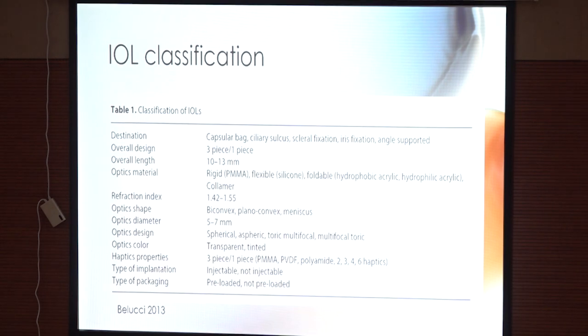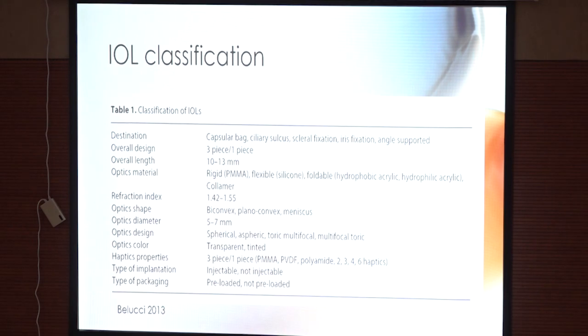Optic diameter is mostly 6 mm, and for optic design we mostly prefer the aspheric design. I'll discuss why. The optic color can be transparent or tinted with a yellow chromophore, which is mostly the blue light blocking chromophore.